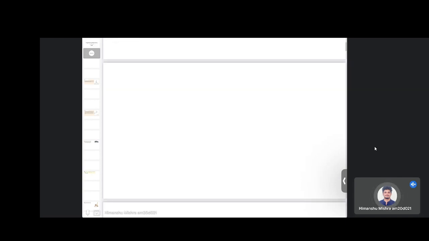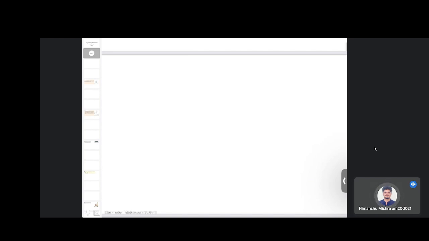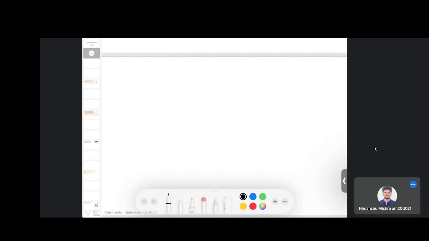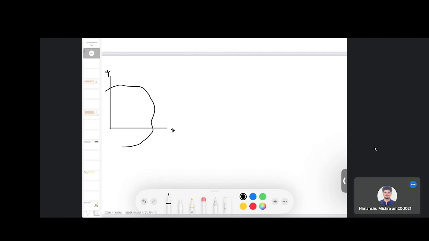So let's say there is a body. First, let me define the Cartesian coordinate system. This is x and this is y, and I have some arbitrary body with some point here, and the position vector is, let's say, r.